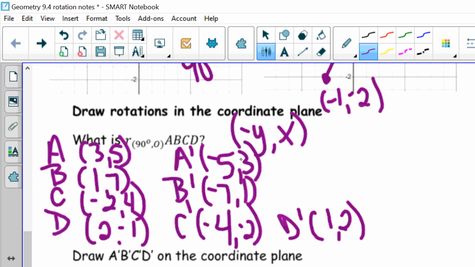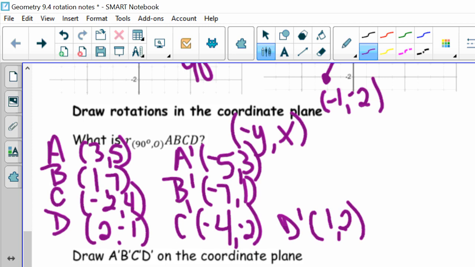Then it says draw A prime, B prime, C prime, D prime on the coordinate plane. So now we're going to plot those points. If I plot negative 5, 3, there's my A prime, negative 7, 1, B prime, negative 4, negative 2, C prime, and 1, 2 is D prime.